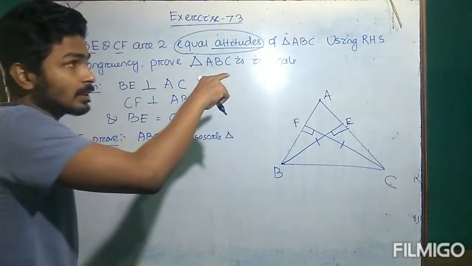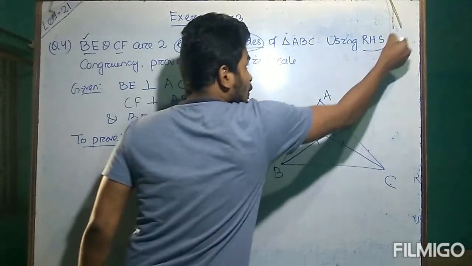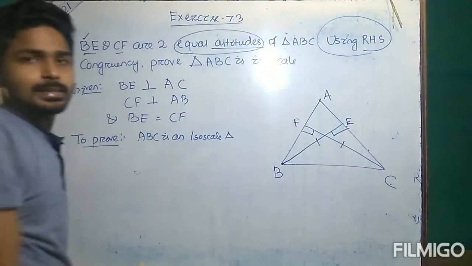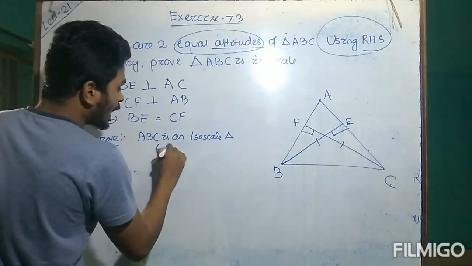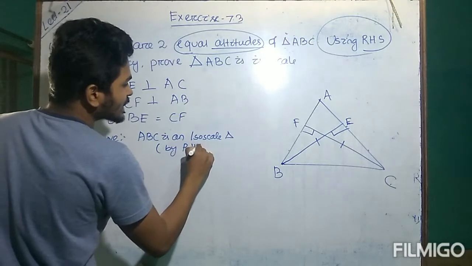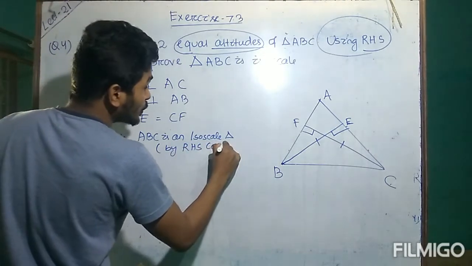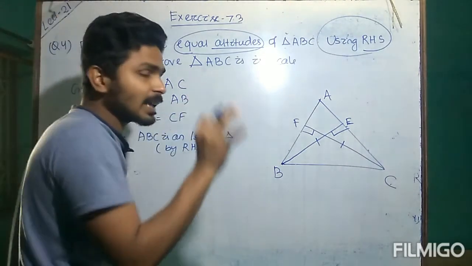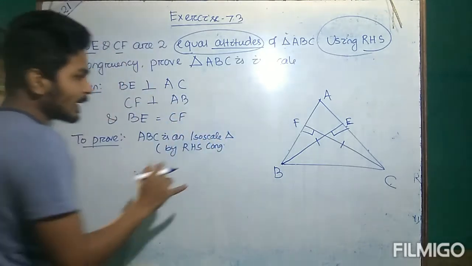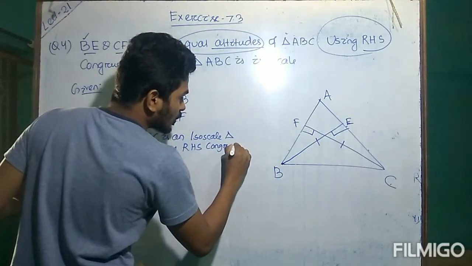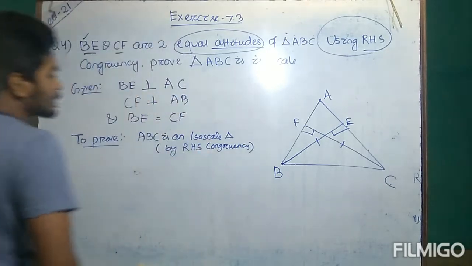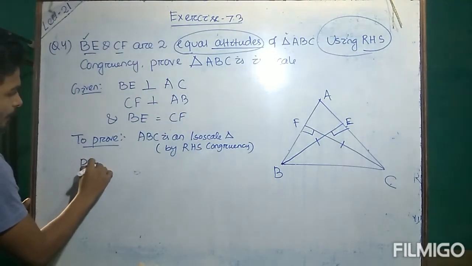It is already given. You have to use only this congruency, RHS congruency. You should not use any other congruency, neither ASA nor SAS. So let's prove it.